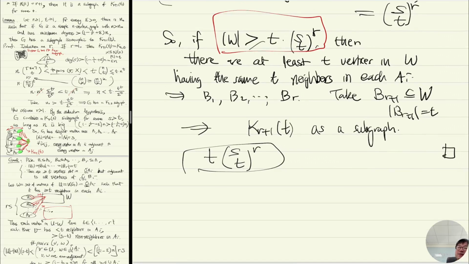Now our second theorem is called the Erdős–Stone theorem. Sometimes called the Erdős–Stone–Simonovits theorem.